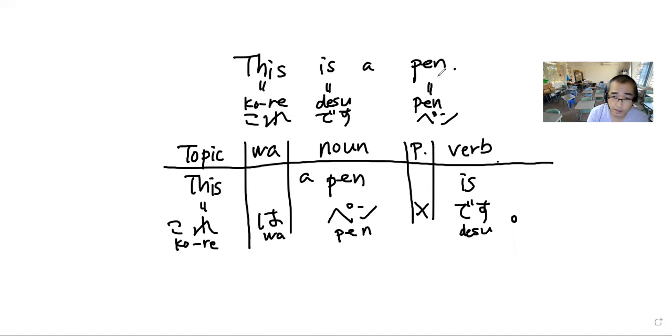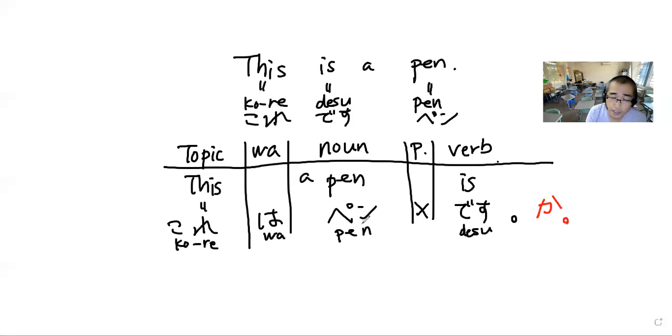All you need is to add ka at the end of the sentence, then a full stop. これはペンですか？The word order is still the same. All you need is ka at the end of the sentence to create a yes/no question. これはペンですか？Is this a pen?